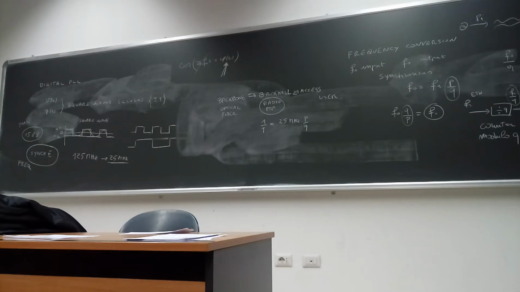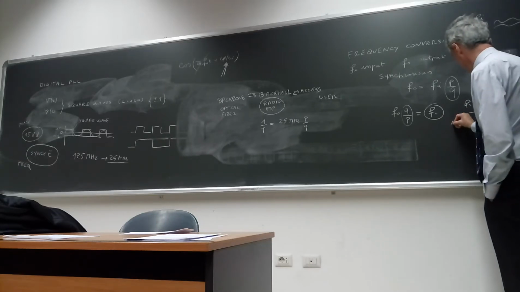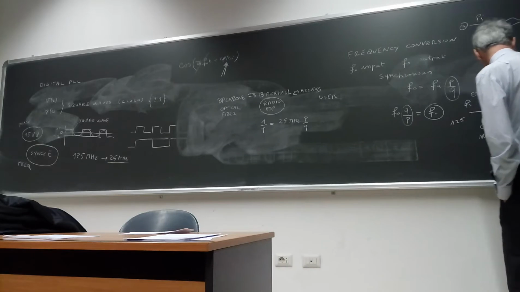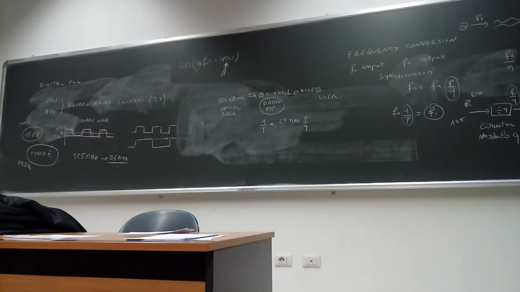Exactly synchronous, because if this one is 125, this will be 100, and the ratio will be 4 over 5. Divide by 5, multiply by 4, divide by 4. And here the comparison is 25. 25, 25, this is 5, and this is 4.